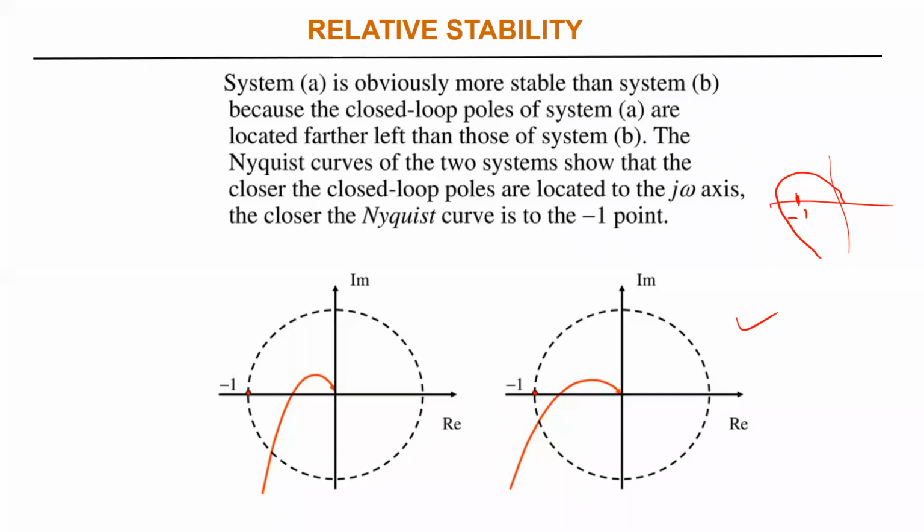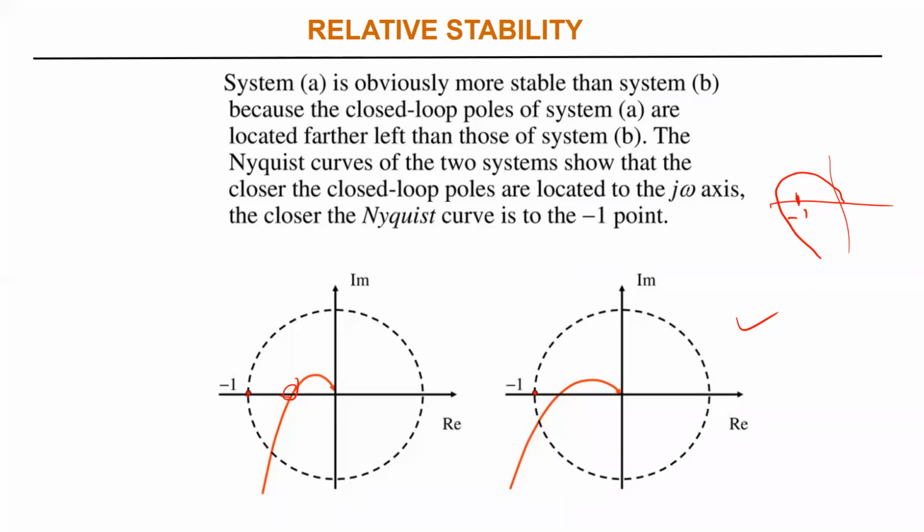Okay, and this is the concept of the gain margin. Basically, I look at this point and ask what factor I must multiply it by so that I pull it and make it land at -1. So this is the concept of gain margin.